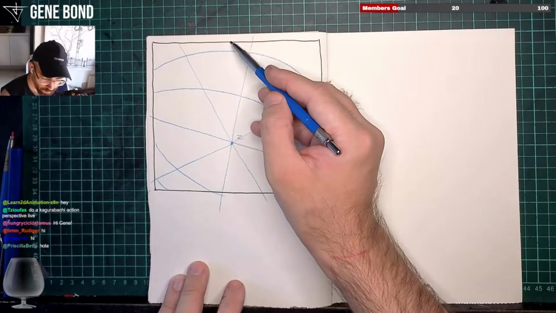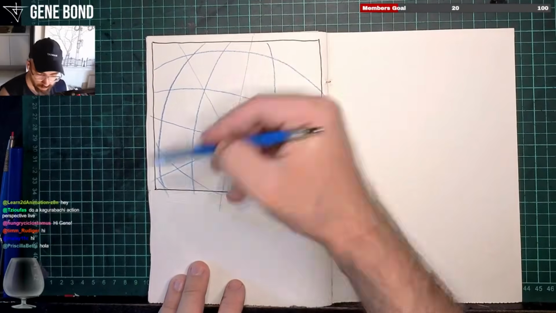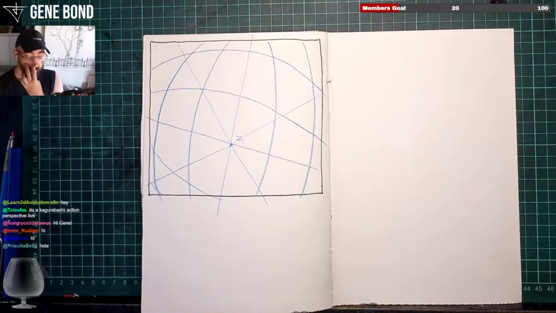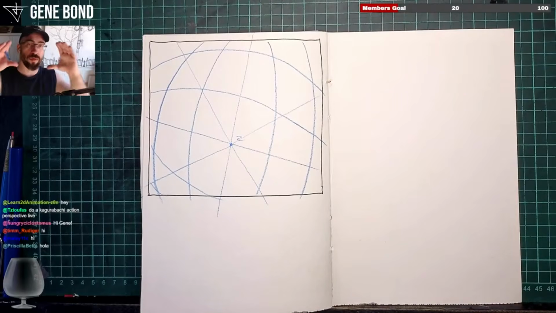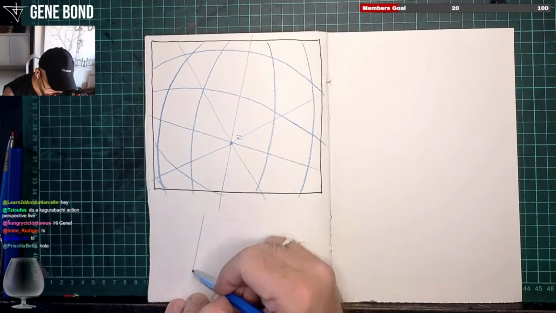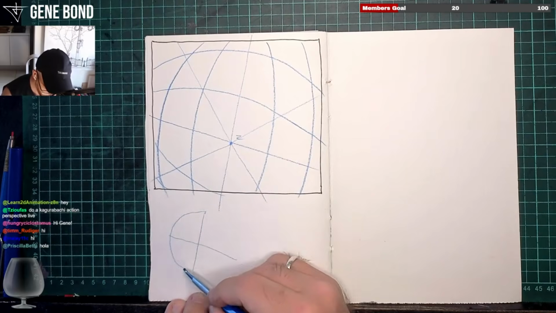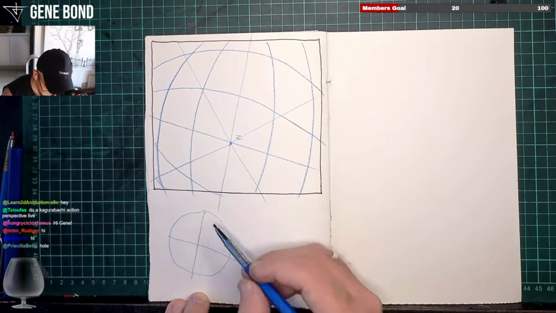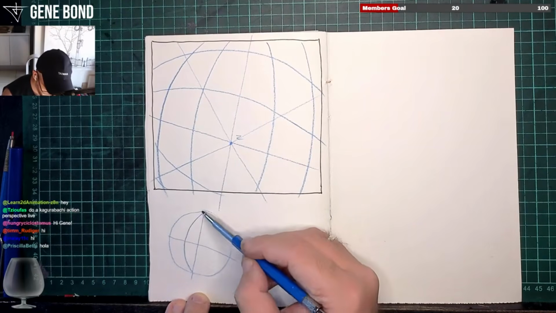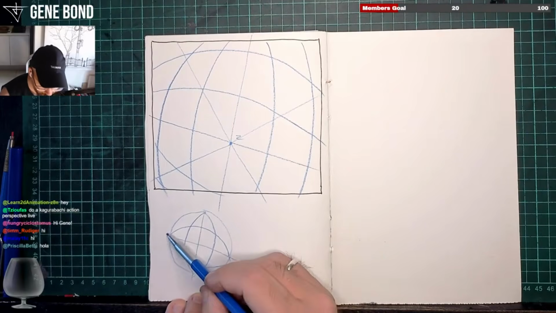So let's say like this. Okay, so it's a 5-point perspective grid, but we don't have this whole structure inside the picture frame. So this will look some kind of this, right?